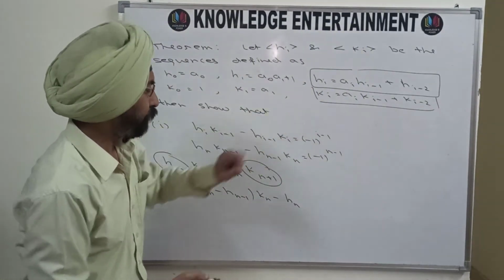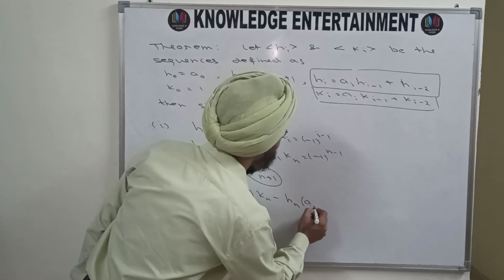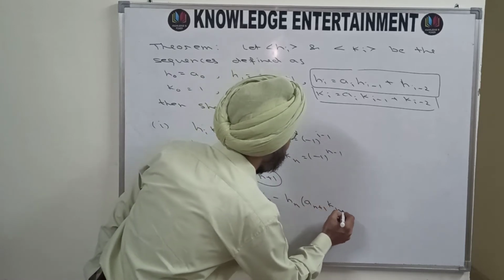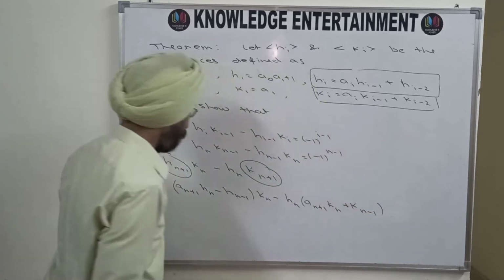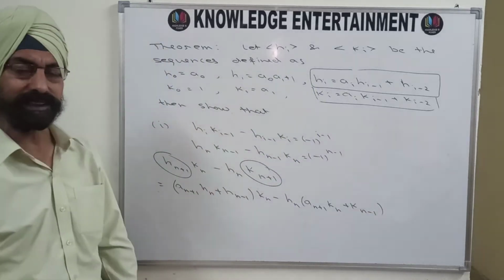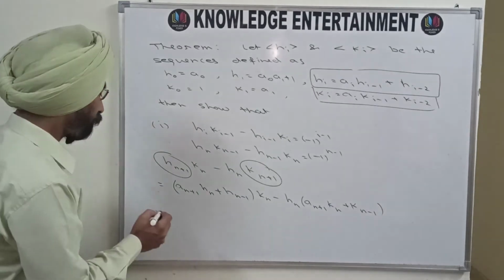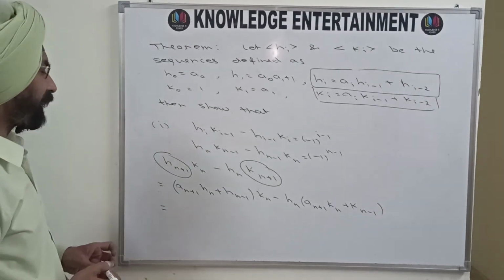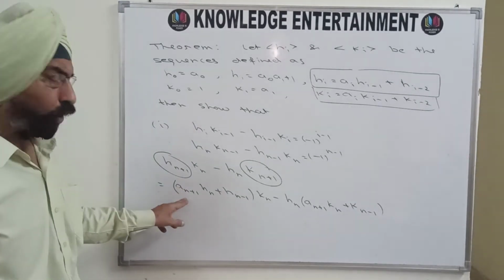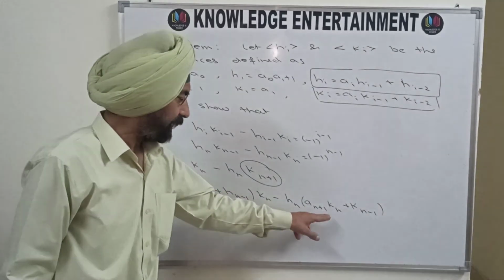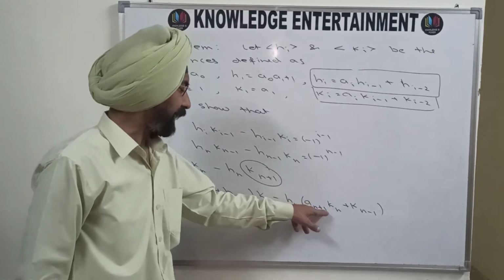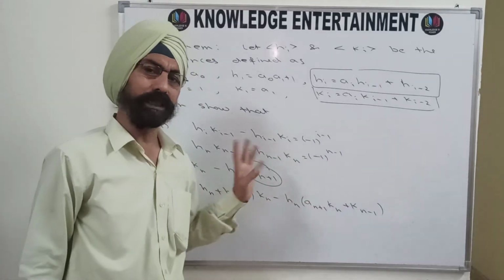So kn plus 1 will become an plus 1 kn plus kn minus 1. Here also it is plus, not minus. And now open the brackets. Opening the brackets, the first term obtained will be an plus 1 hn kn, and in the second bracket the first term will be minus an plus 1 hn kn, which will be cancelled out.